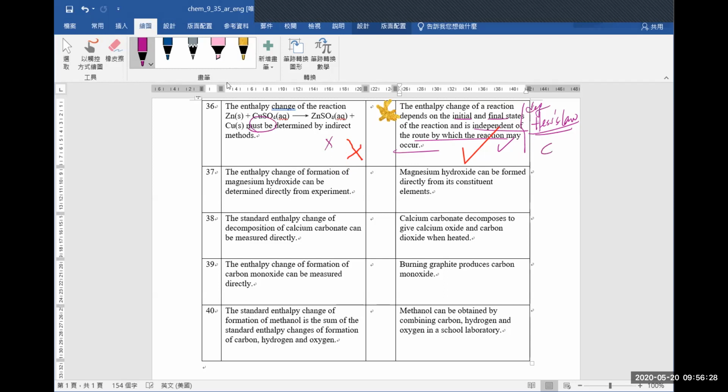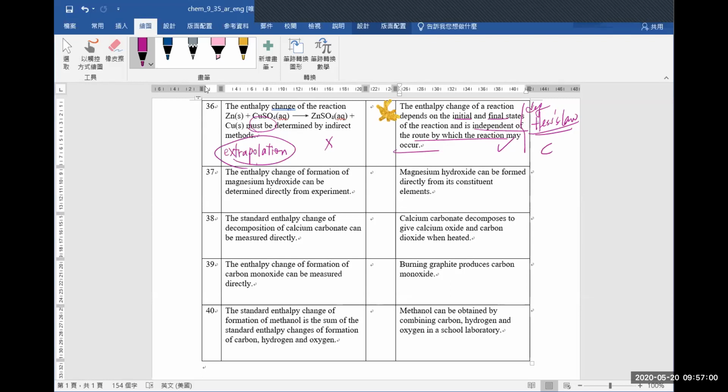What you need to do is some data treatment. You can still directly measure, right? So what is the data treatment? Draw the two lines, match them to an imaginary maximum temperature. We call that extrapolation, the technique you need to know. So cross and take C.